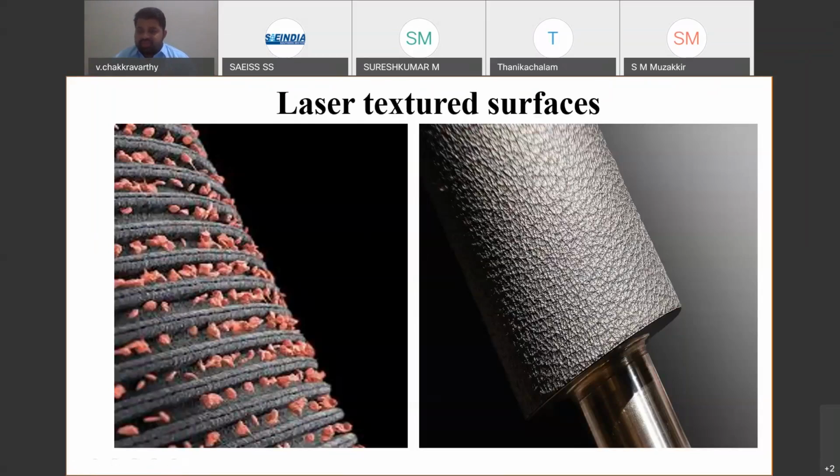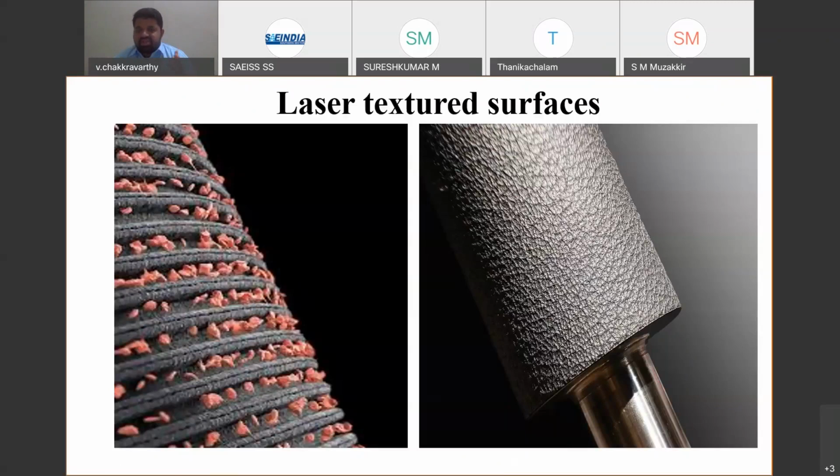That surface roughness will promote the bone joining ability of any implant. The osseointegration property of the implant is enhanced based on the surface roughness and surface morphology. So not only the material determines the biocompatibility and osseointegration property of an implant; the surface roughness also plays a very vital role.